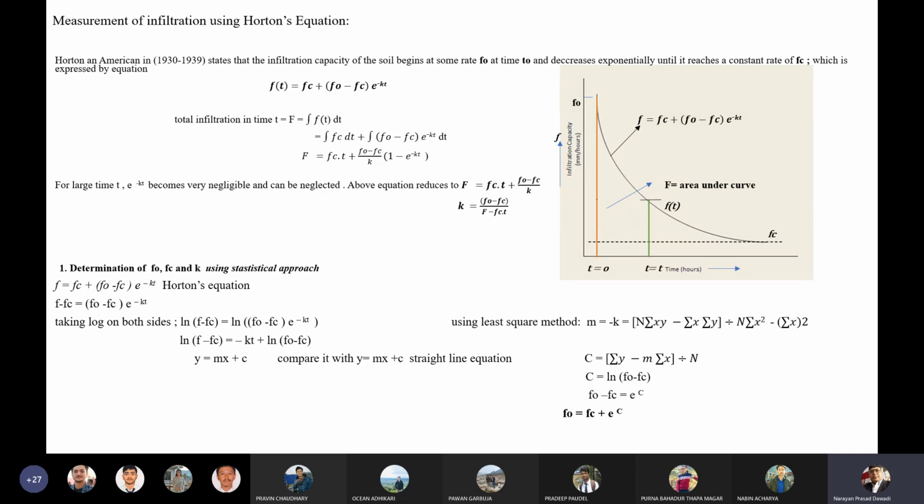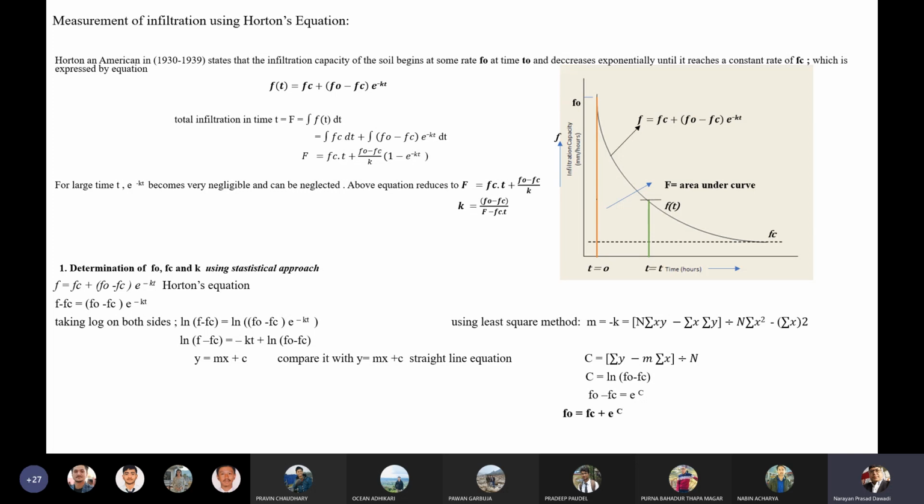If we know the total infiltration of the area within some specified time t, then the total infiltration F will be equal to the summation of the area lying below this curve. The summation of the area lying below this curve will give the integration of the curve equation from 0 to t.